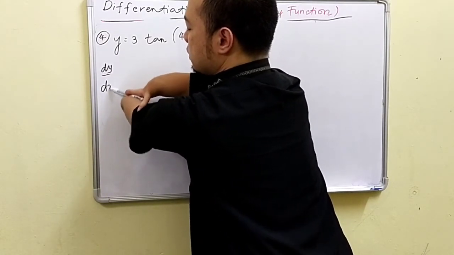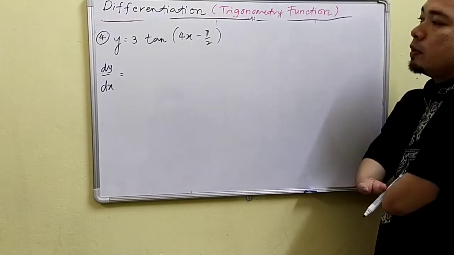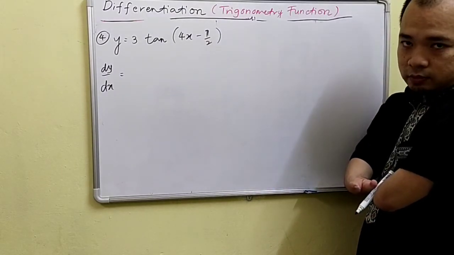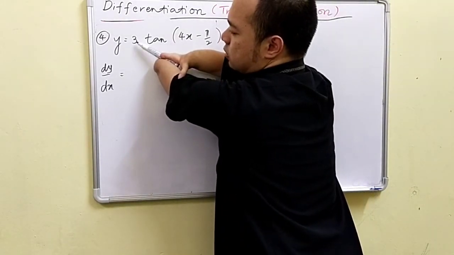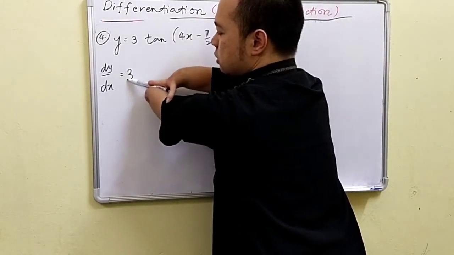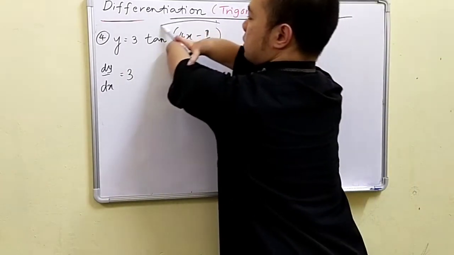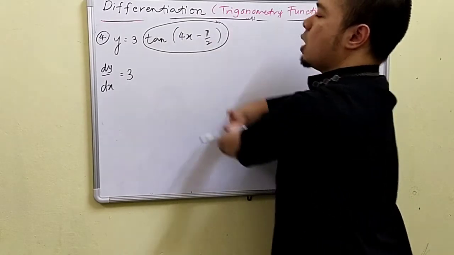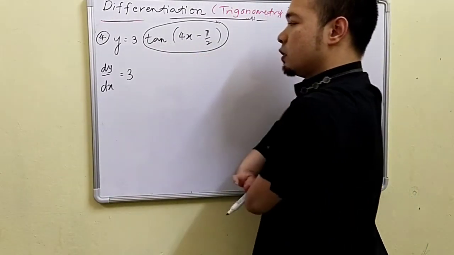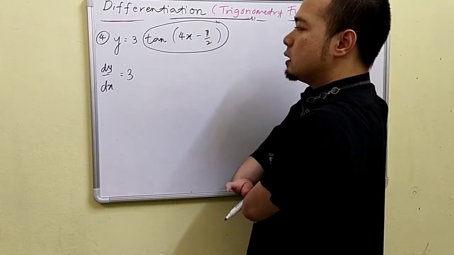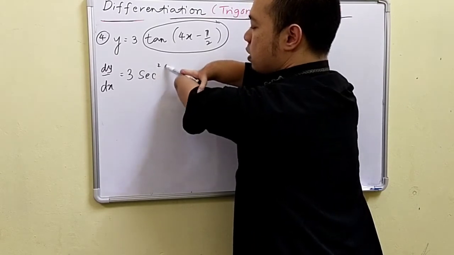So for this type of question, I will use the outside and inside also. First, I notice that this is a constant. So constant remain. Okay, now let's start. Outside. What type of function is this? Tangent function. So differentiate tangent, we will get secant square. So secant square of what?